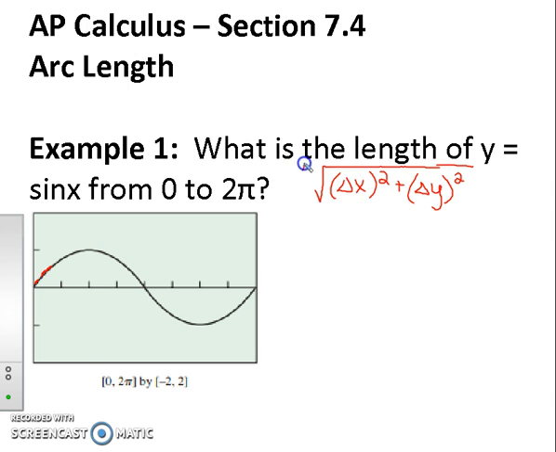Then we would want to add all of those lengths together for all of the different changes in x. And we'll say from k equals 1 to infinity, because ideally we're doing an infinite number of subintervals. So doing this, as the width of our subintervals gets closer and closer to 0, because we're doing an infinite number of them, like I said, this would be like a Riemann sum.